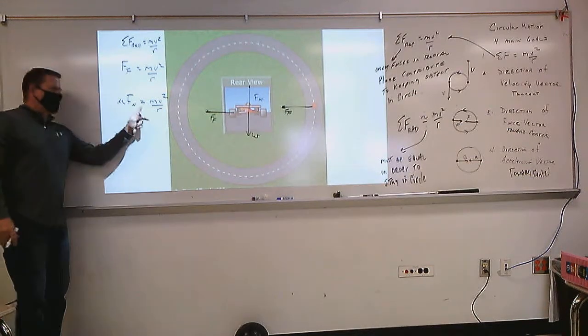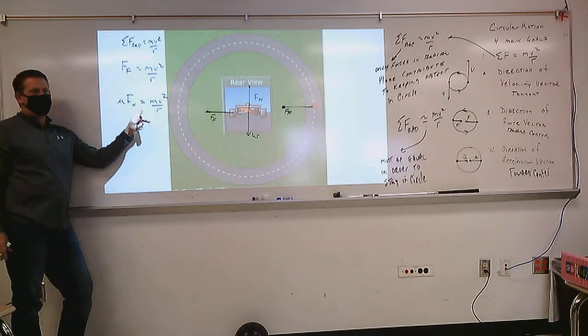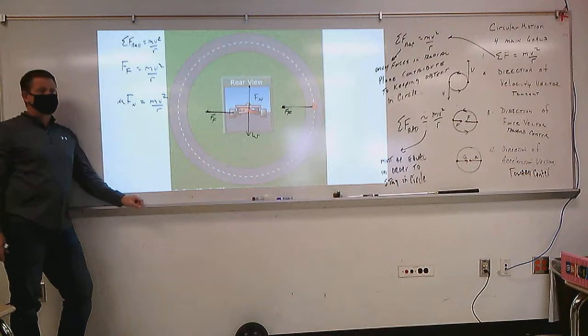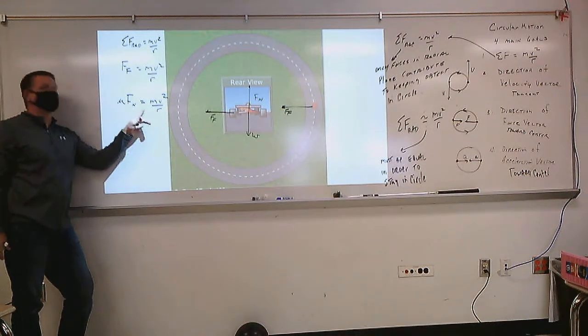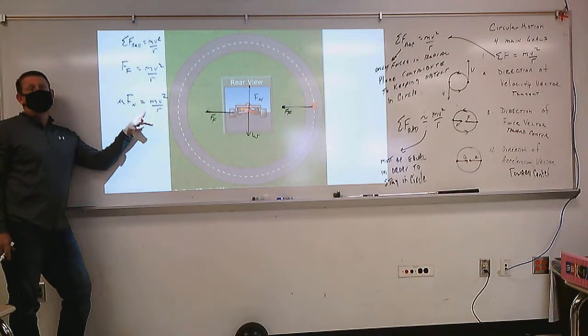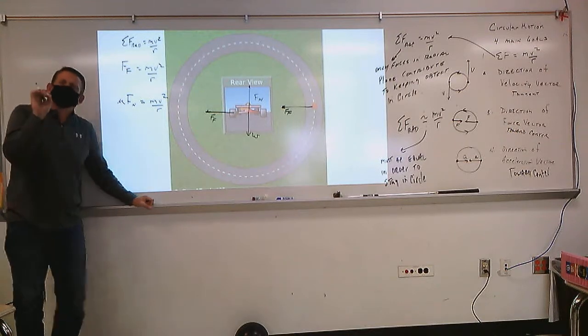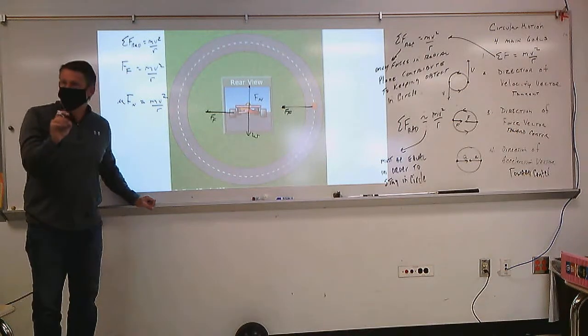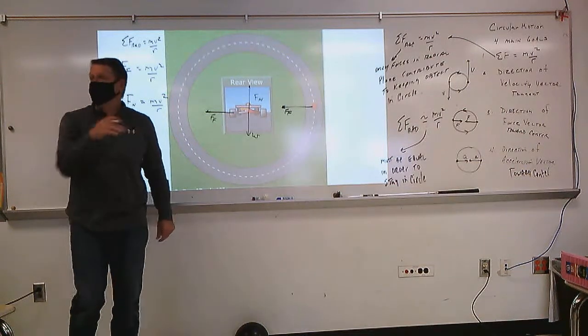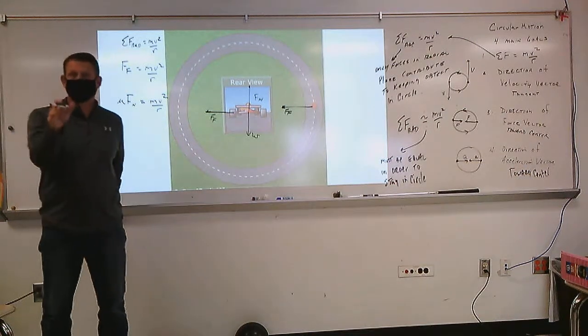Do I like that equal sign, Laura? No. How come? Because it's not always going to be true. When's it going to be true? When the object is actually moving in a circle. But let's think about this. You drive in June, and that's way easier than driving in the snow.